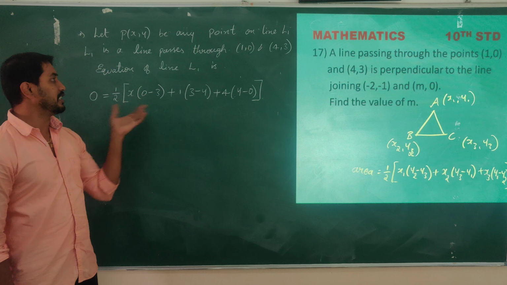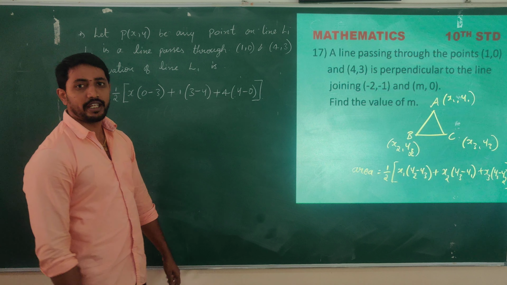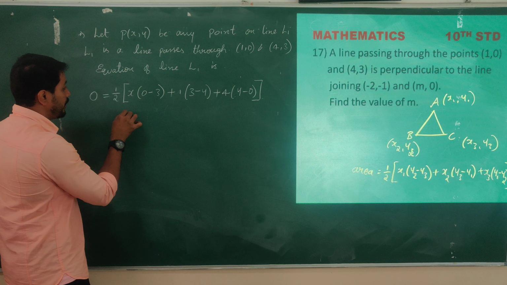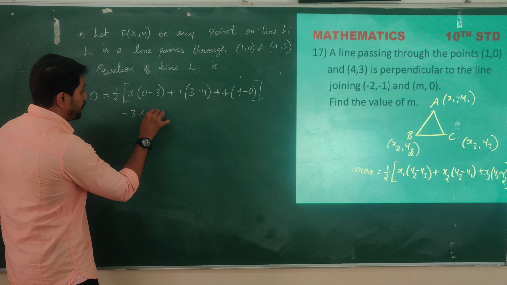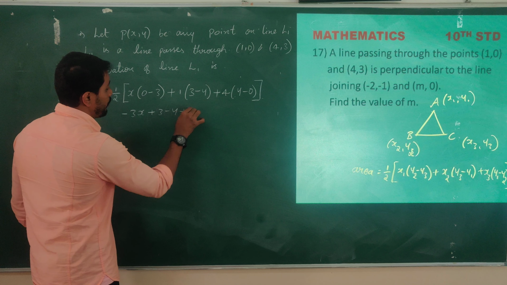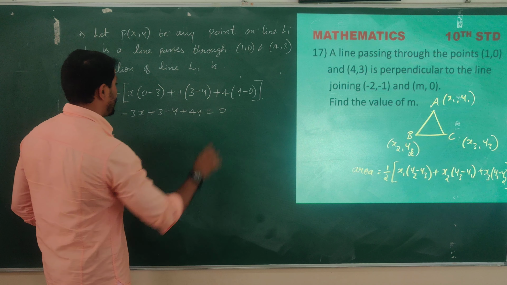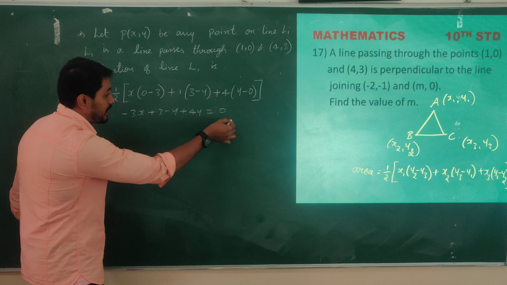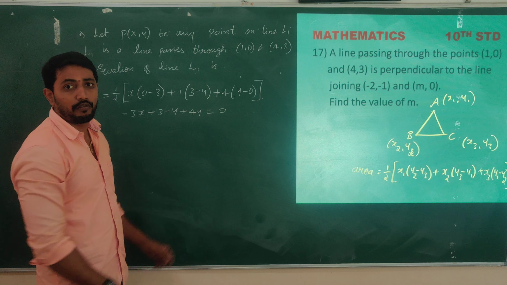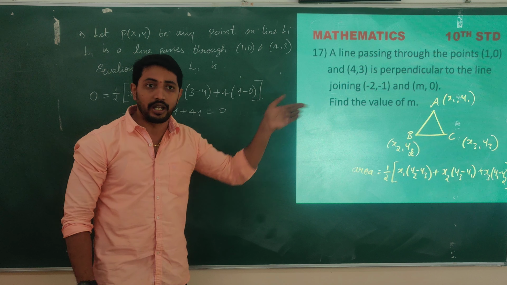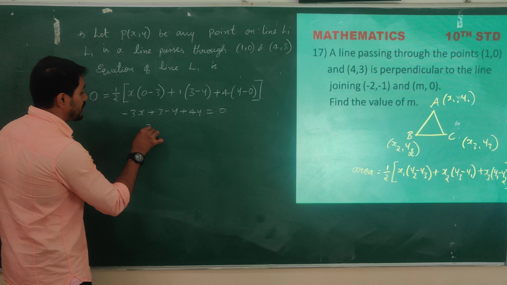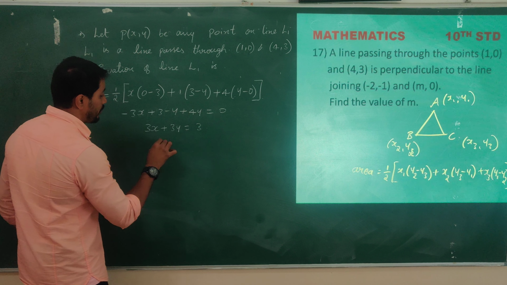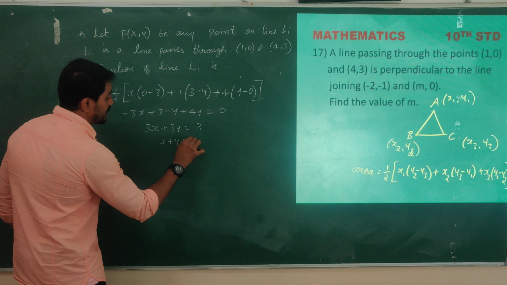By solving this, we get the equation of line L1. Cross multiplying the 1/2 with 0, we get minus 3x plus 3 minus y plus 4y equals 0. Bringing minus 3x to the right side, and minus y plus 4y gives plus 3y, so 3y plus... in simple form the equation can be written as 3x plus 3y equals 3, that is, x plus y equals 1.